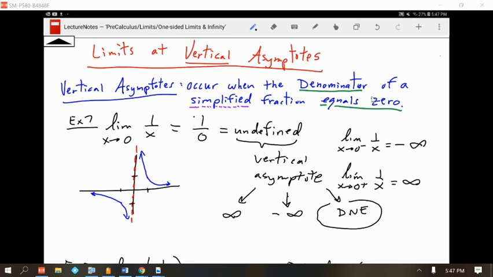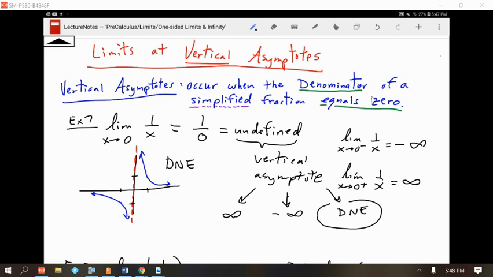So 1 over 0 is not an answer. You don't give 1 over 0 as an answer. Undefined is not the answer. You don't say undefined. Now, when you get undefined, that pretty much means D and E, okay? The issue is sometimes we can answer with infinity and negative infinity, and that's better.